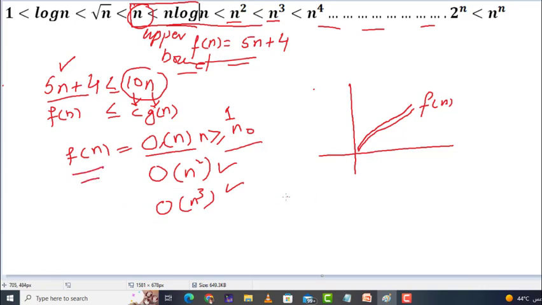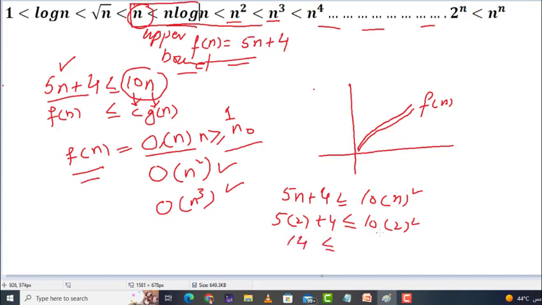Let me give you an example. If I put 5n plus 4 less than or equal to 10n square, and I put n equal to 2, what will be the answer? It can be 40, so there is a big difference.